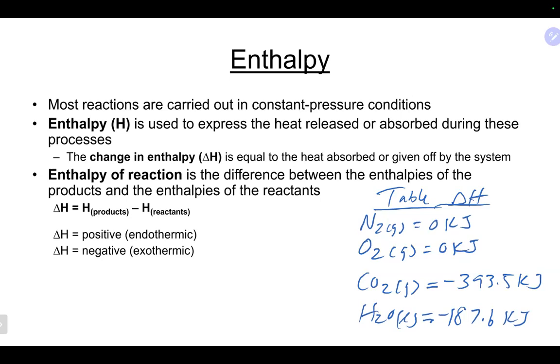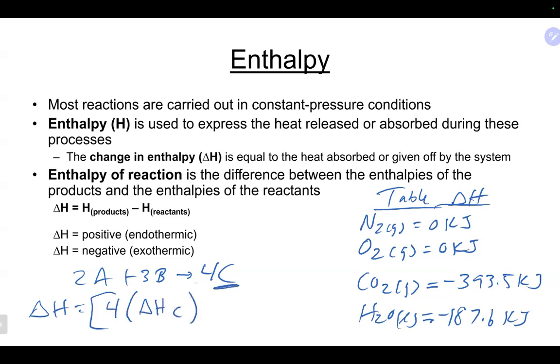Now, what we do is basically, if we had an equation such as 2A plus 3B goes to 4C, we would go to the table and do our products, and we would multiply the value that we find for C by the coefficient. So we actually do multiply by the coefficient in the balanced equation.